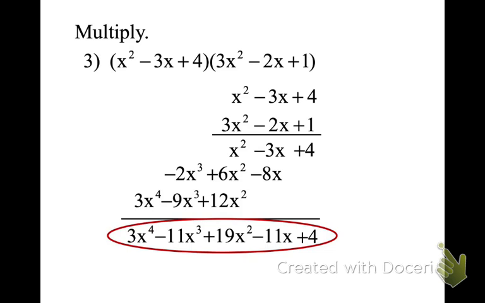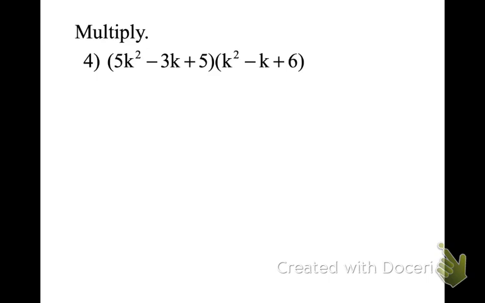I either didn't line it up. Oh, shoot. I erased it too. So that would have been 19x. What I didn't count is that coefficient. So it's not 18x. I didn't count that one. That's enough to get it wrong for the problem. Okay, try the next one on your own.